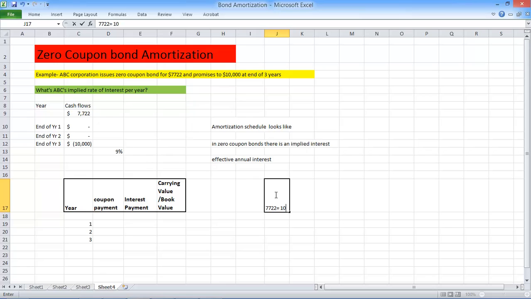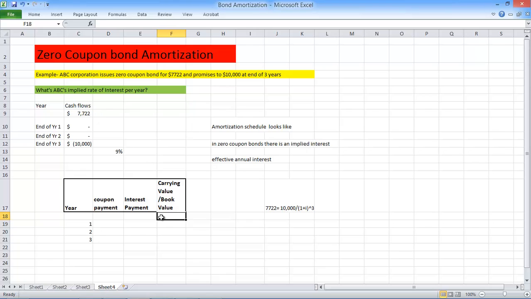In the future, you have 10,000 divided by (1 plus I) raised to 3. This I is the same as the IRR. If you invested 7,722 now, you're going to receive 10,000 in the future, so the implied interest rate annually, or effectively, is your IRR, which is 9%.